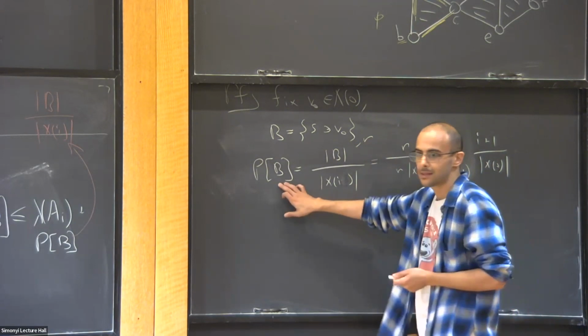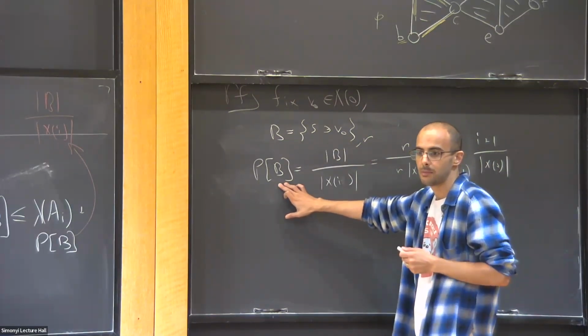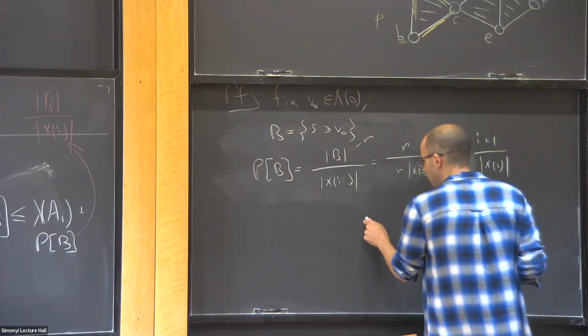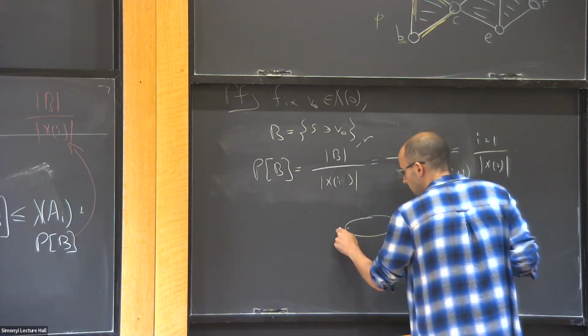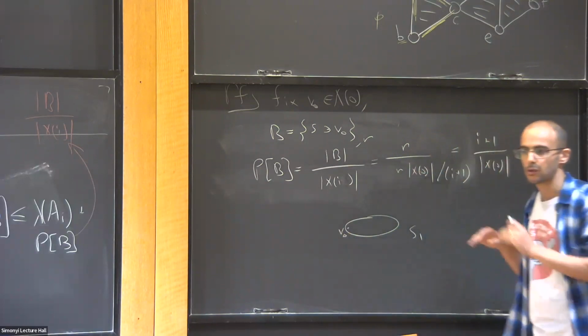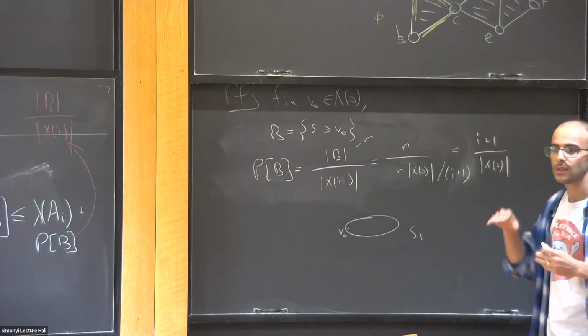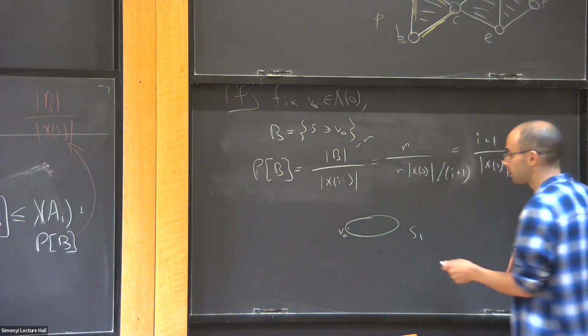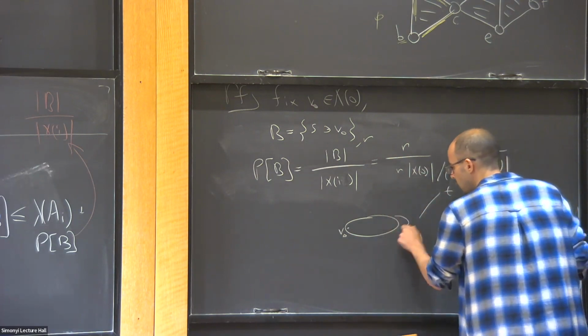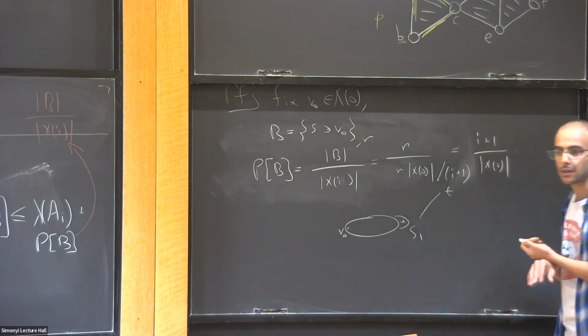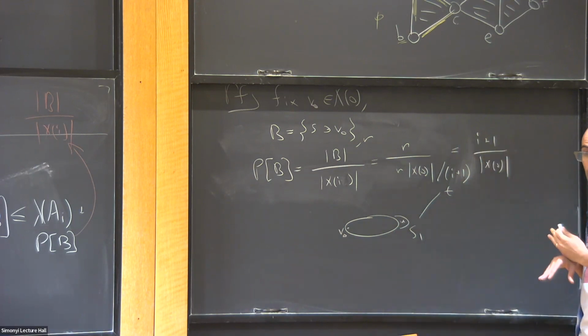let's examine the probability of staying inside B. So suppose I started by sampling S1, and I'm given that S1 contains V0. Now I'm doing this non-lazy up walk. So at the first step, I went up to T, which is adding an extra vertex here. I don't know how I added it, but I went up, right?